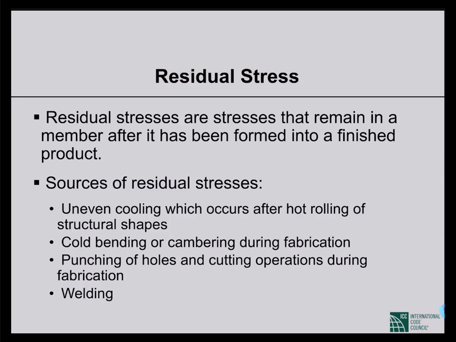Because to produce steel sections, we have to heat it up and then roll it, or cold form it, or we have to join two plates by welding, and that causes the temperature at the joint to rise.